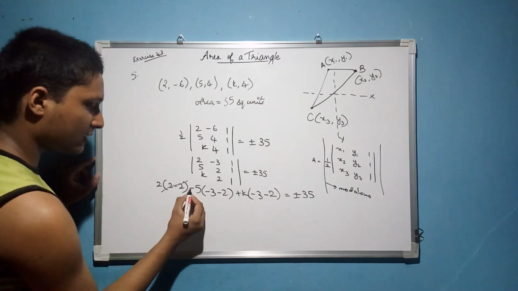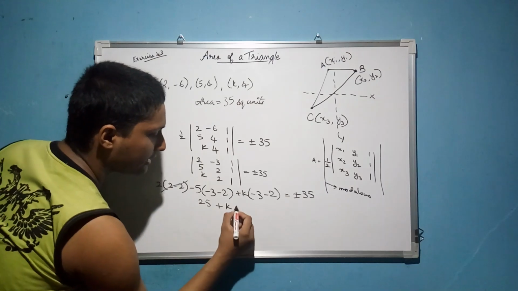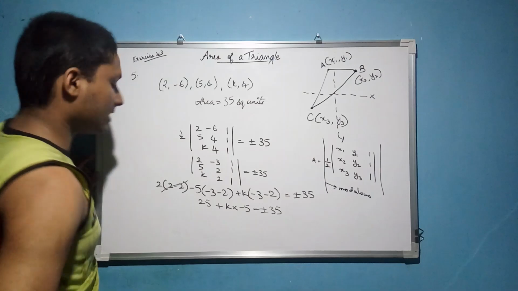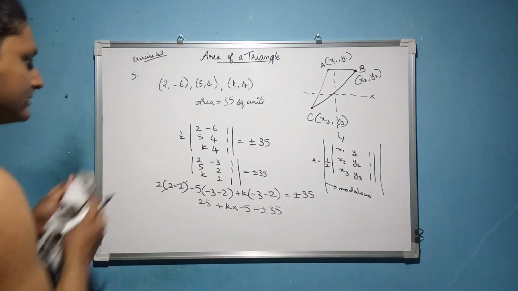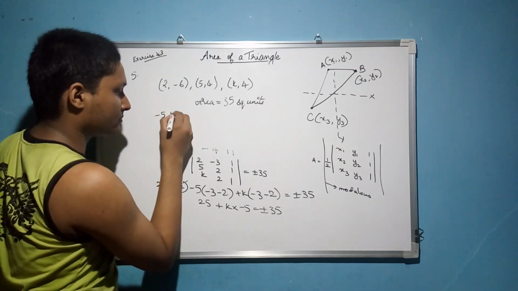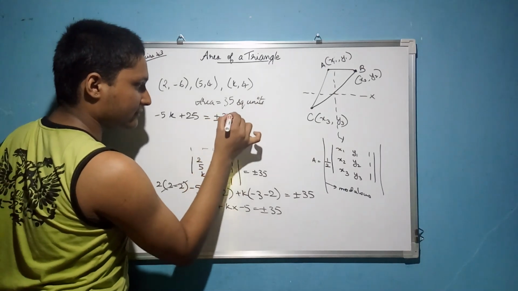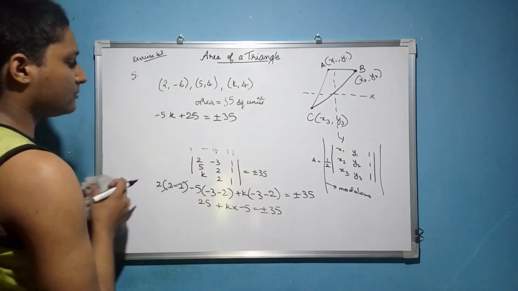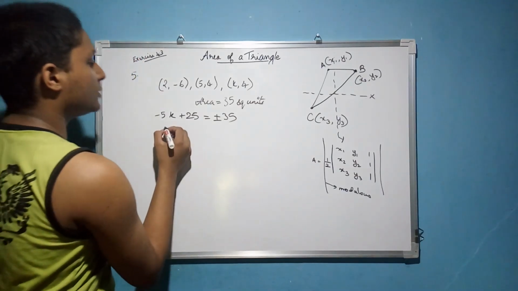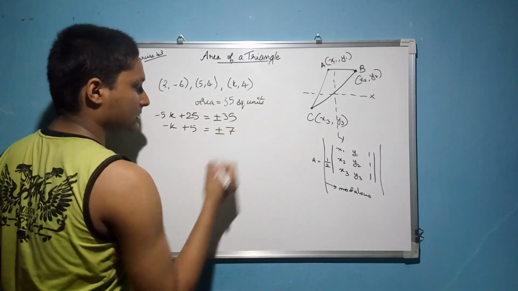This is 0, and you have minus 5 into minus 5, that is 25, plus k into minus 5 is equal to plus or minus 35. So minus 5k plus 25 is equal to plus or minus 35. Since 5 is common on both sides, I can remove one 5. So it's coming to be minus k plus 5 is equal to plus or minus 7.